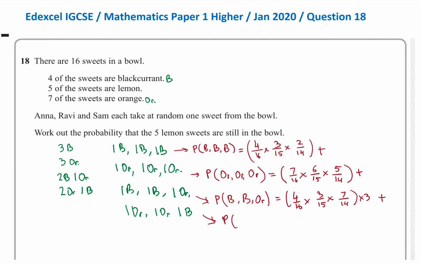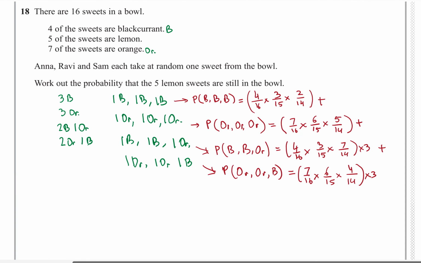And of course plus, and then we are going to write orange. So probability of 2 oranges and 1 blackcurrant will be equal to 7 over 16 multiplied by 6 over 15 multiplied by a blackcurrant, that's 4 over 14, and once again multiplied by 3. So our answer is going to be the sum of all of these.